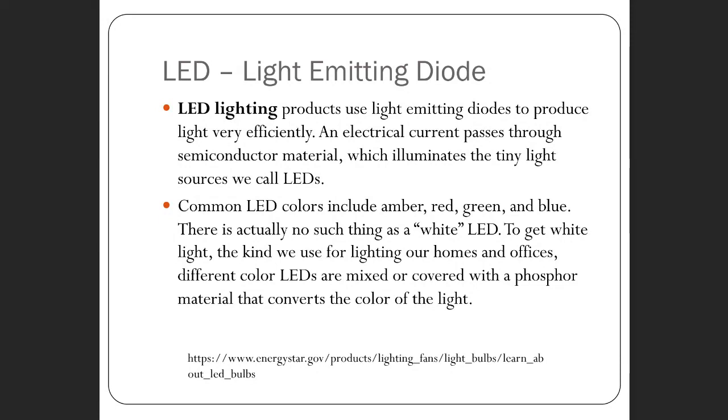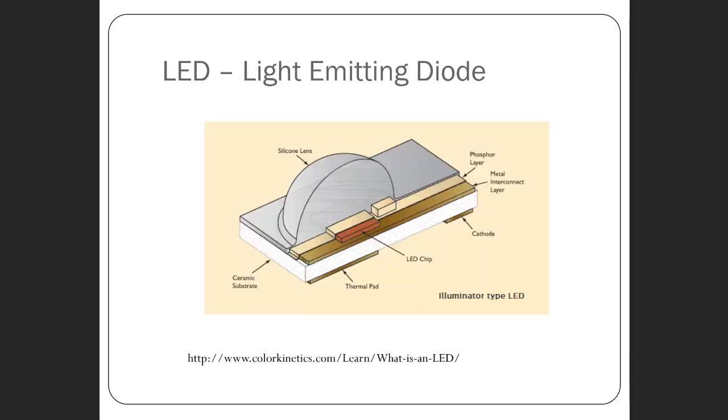Those LEDs, generally speaking, produce a single color, and an individual chip gives you one color. So basically, the designers of these products have to mix chips that produce different colors together to get the white light that we expect to see in our lighting products. So again, down at the chip level, we have something like this.